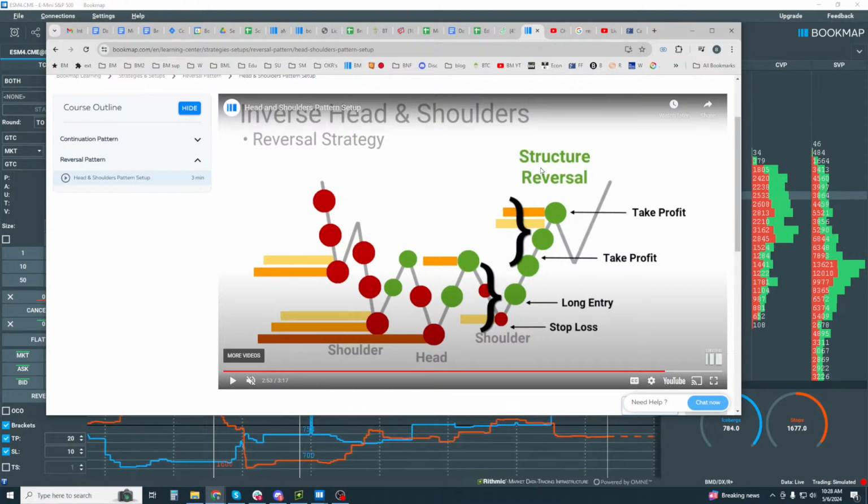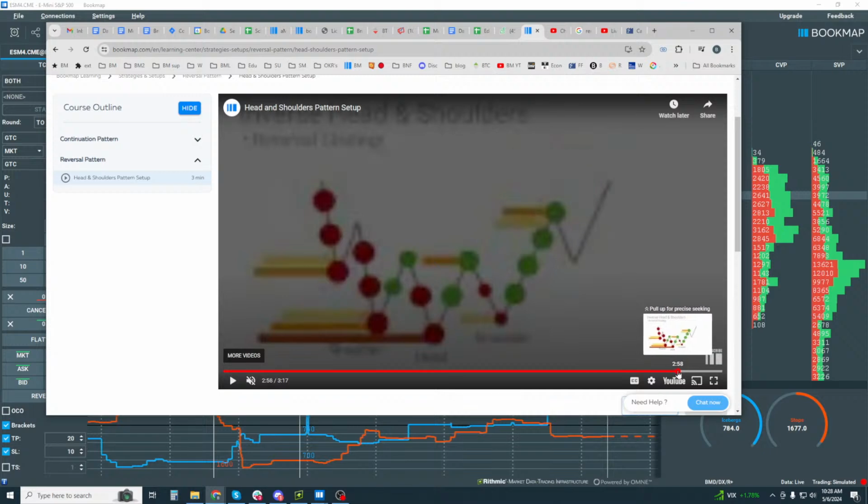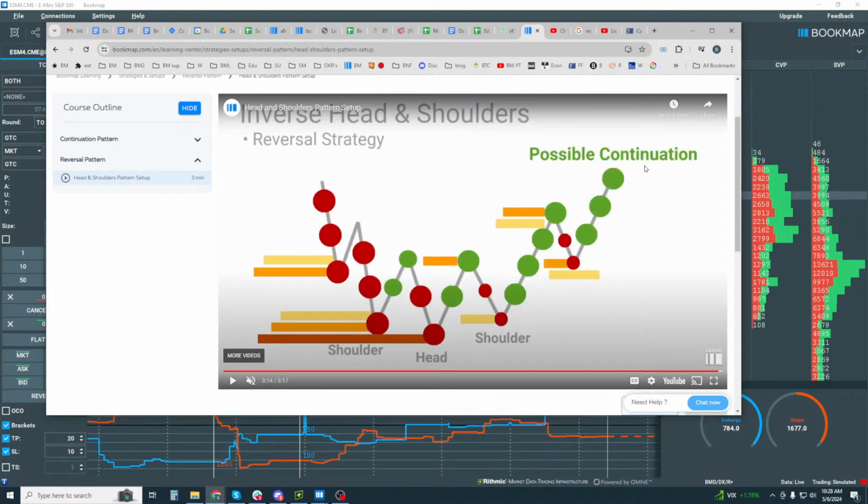But the bigger reversal, that is the reversal. It's done. But what you're really looking for is a continuation move after that. And if you have the order flow on your side, that's when you can get it.